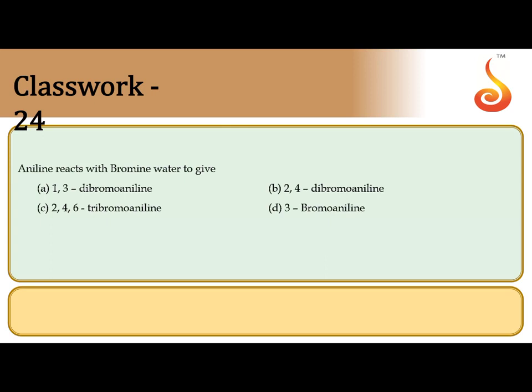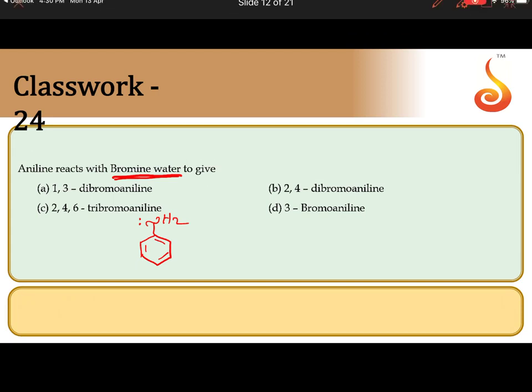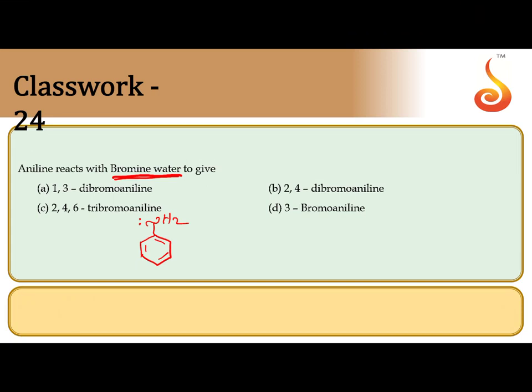Aniline reacts with bromine water, bromine in the presence of water, to give. In aniline, NH2 is present. That NH2 is a very strong donating group, a powerful ring activating group. It activates the benzene ring at ortho and para positions.